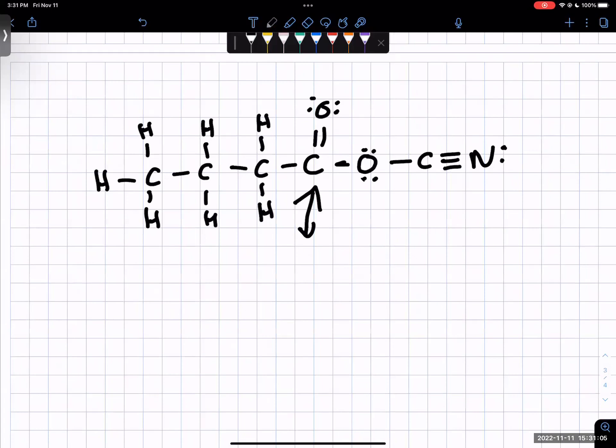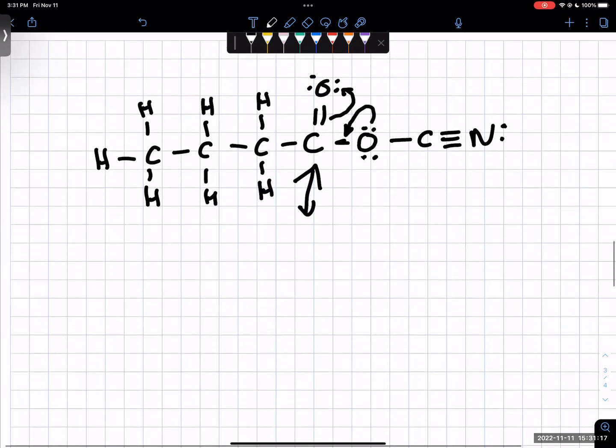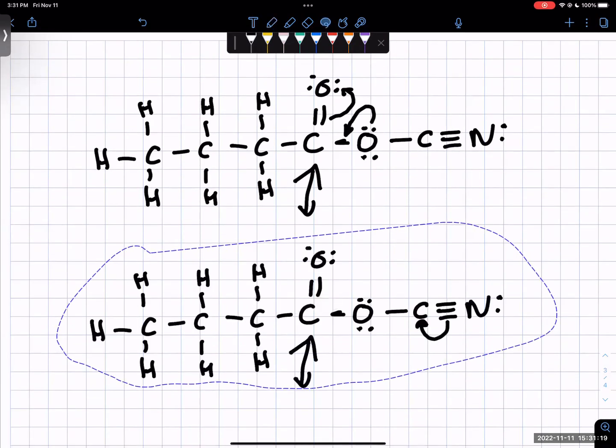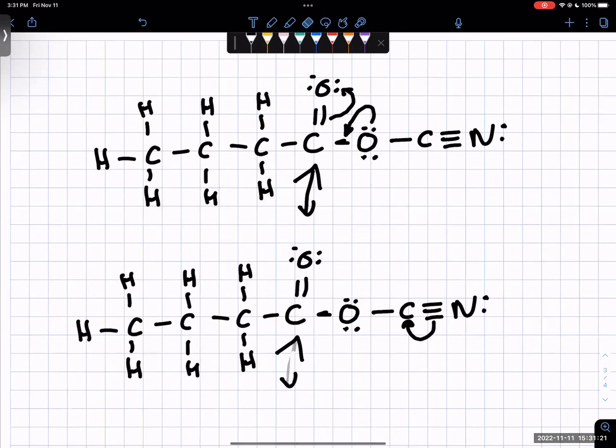You could have taken these bonds up to that oxygen, and then this lone pair to form a bond with the carbon. So you would end up with something like this. That would remove one of those double bonds, and this would create a double bond between that carbon and oxygen. Right, do we agree on that?